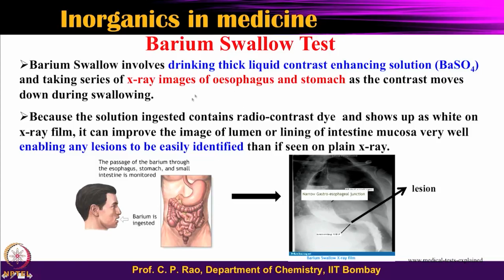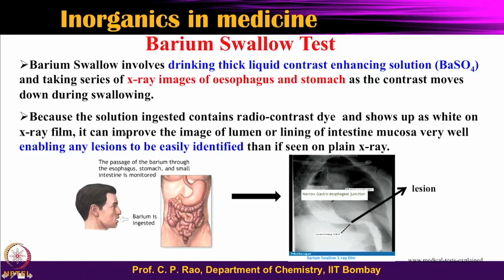This is taken as barium sulfate; you drink it basically. The person undergoing this test, also known as the barium meal test, is given some time for it to pass through the body, then you take an X-ray of the oesophagus and stomach, and the contrast moves down during the swallowing.